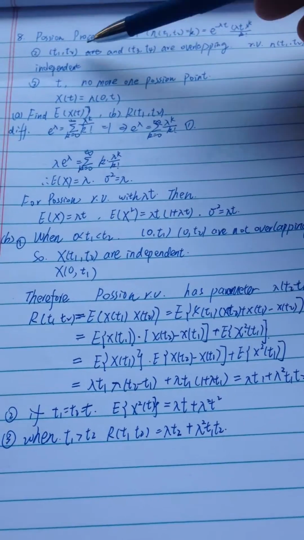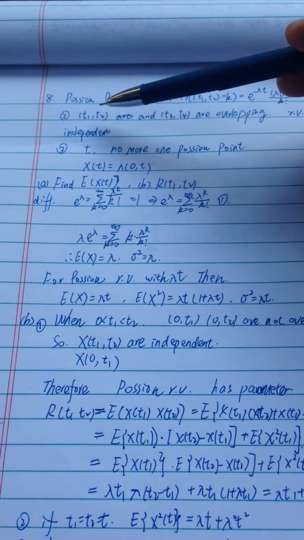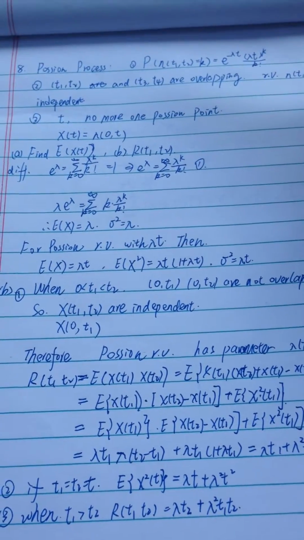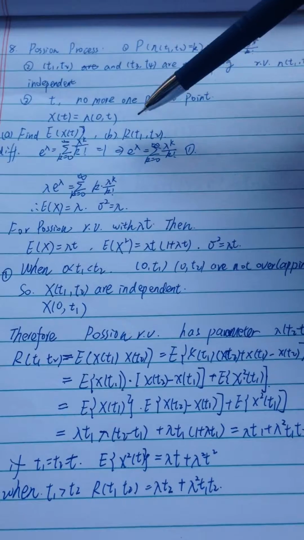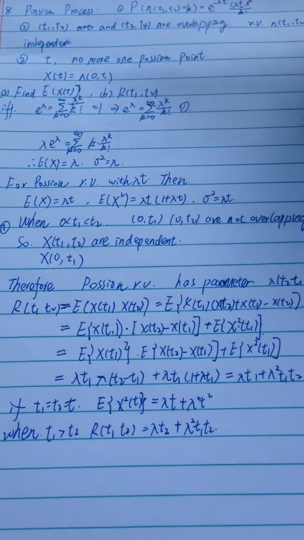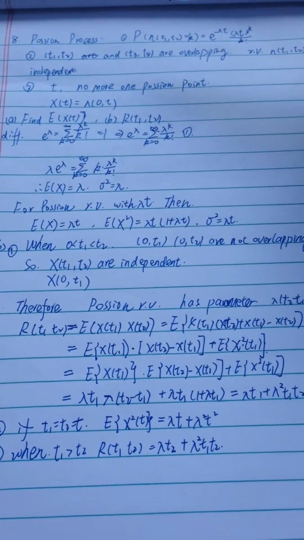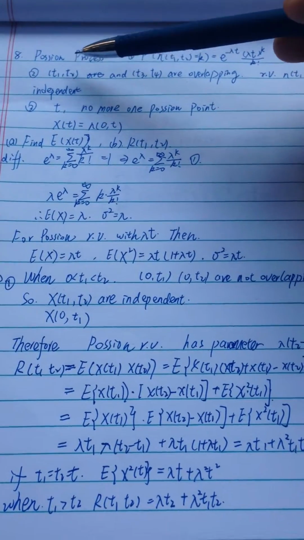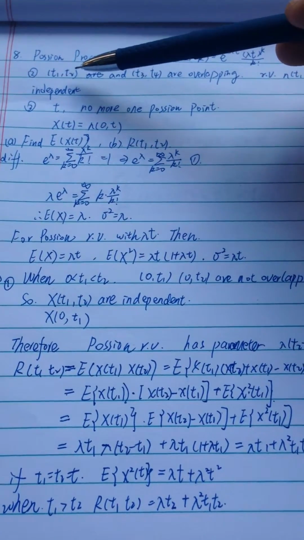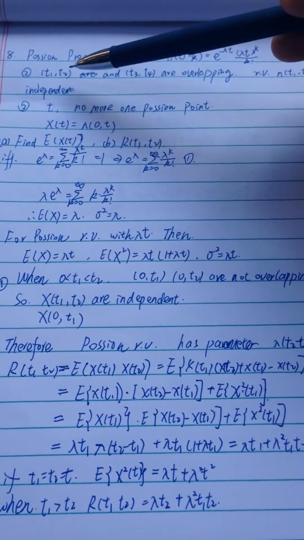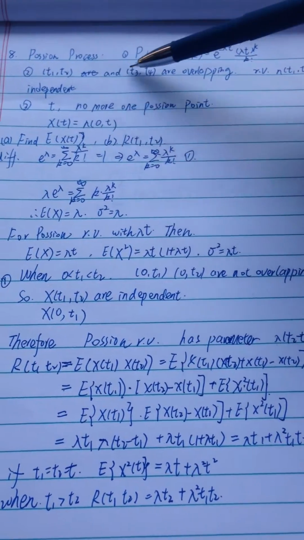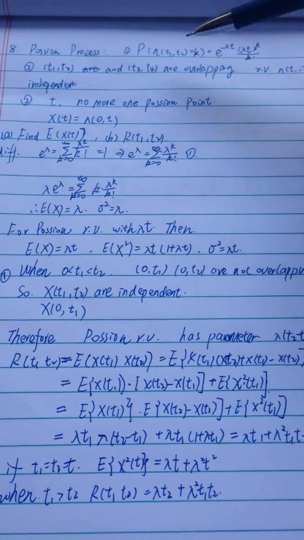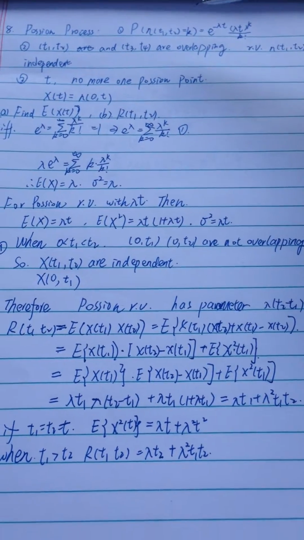In the second question, we need to find R(t1, t2). So we need to figure out these conditions: whether the two time periods are overlapping or not overlapping.